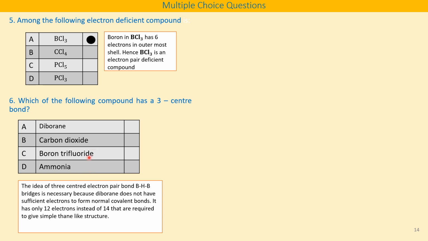The idea of a three-centered electron pair bond, the B-H-B bridges, is necessary because diborane does not have sufficient electrons to form normal covalent bonds. It has only 12 electrons instead of the 14 that are required to give a simple ethane-like structure. So the correct answer is A. Please mark it.